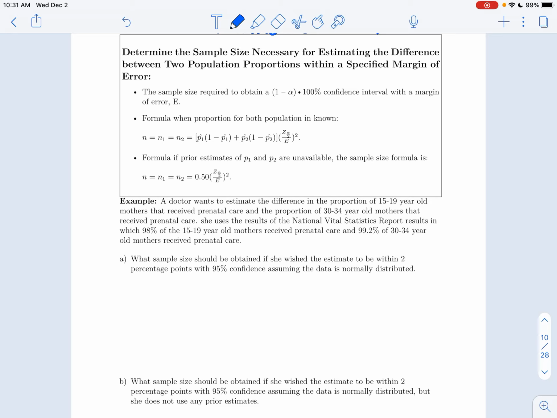So let's do the first one. Okay, and then for here, remember that you know P hat, and for this one you do not know P hat.